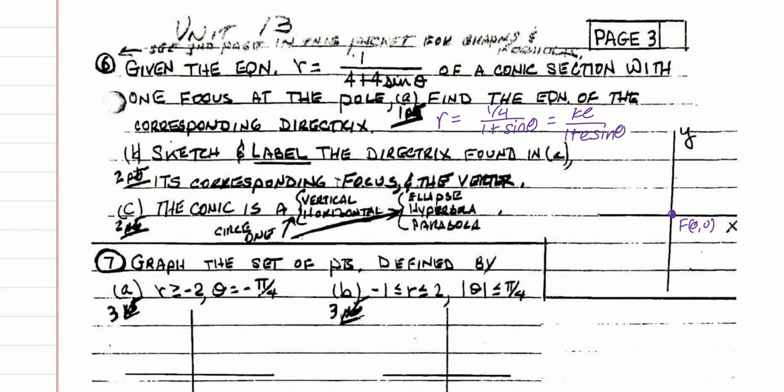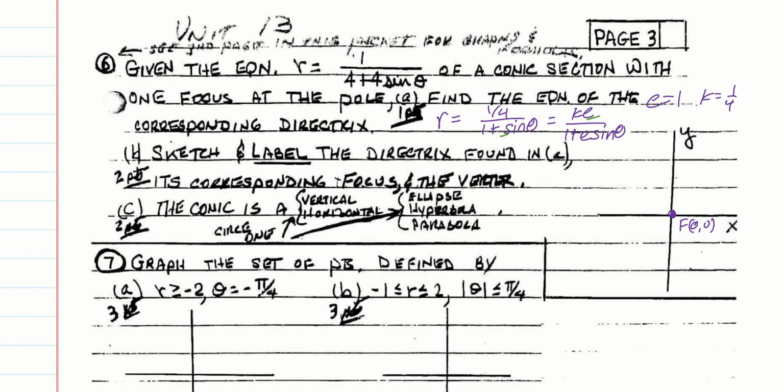So we know that E has to equal 1 because that is the coefficient in front of the sine. And if that is 1, that means that k is going to be equal to 1/4, by process of elimination, whichever method you like to call it.